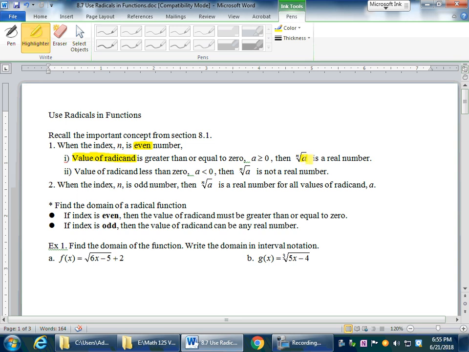So that means the value of the radicand must be greater than or equal to 0. If the index of a radical is odd, then we don't really care what the value of the radicand inside is, except for the restriction.